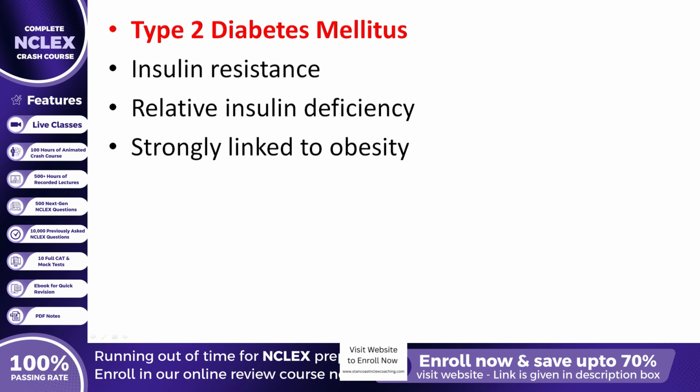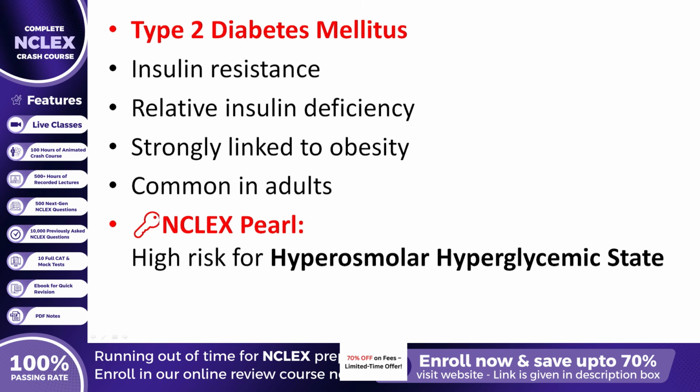Over time, the pancreas becomes exhausted and insulin production decreases further. This condition is strongly associated with obesity, sedentary lifestyle, genetics, and metabolic syndrome. Instead of diabetic ketoacidosis, these patients are more likely to develop hyperosmolar hyperglycemic state, which is marked by extremely high blood glucose levels without significant ketosis.